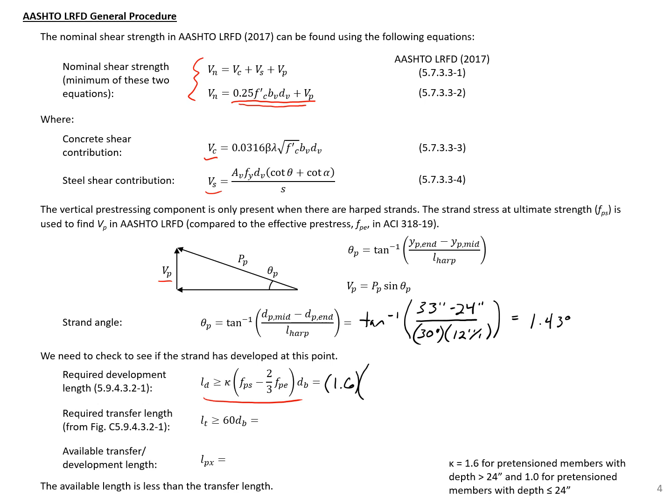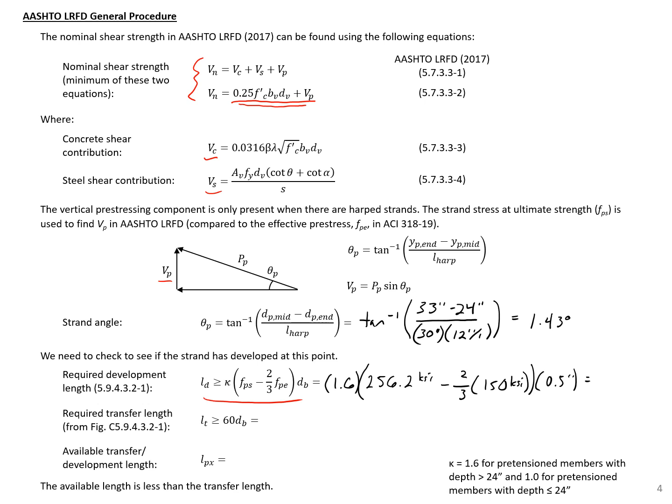times our fps, which for us will be 256.2, minus our fpe, which are 2/3 times our fpe, which is 150 ksi, and then times our strand diameter, which is 1/2 inch.